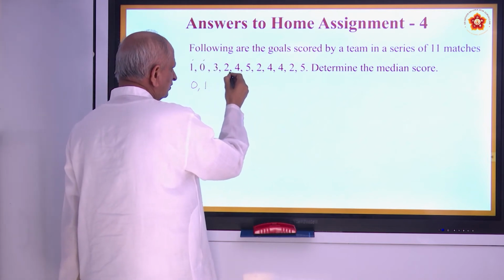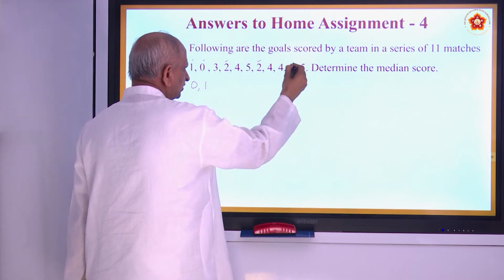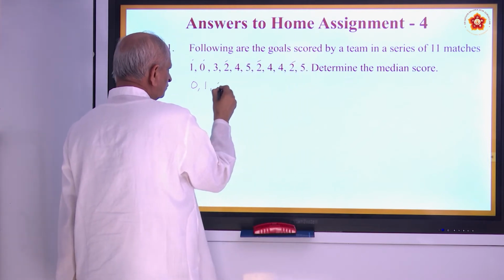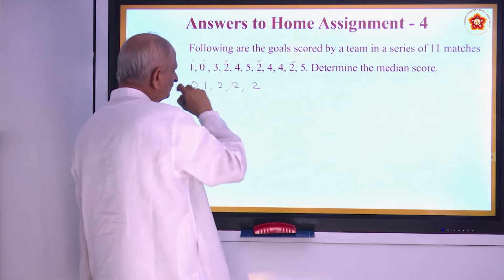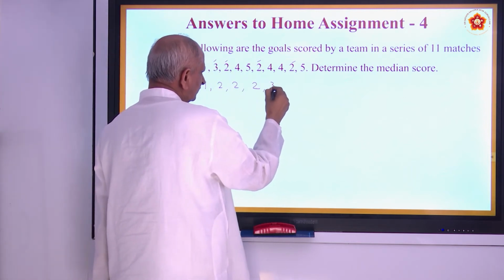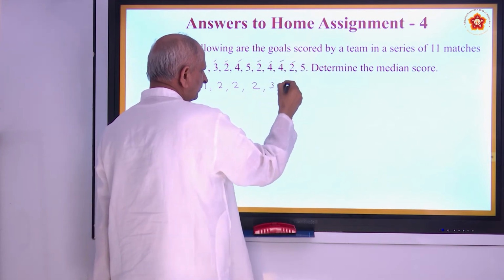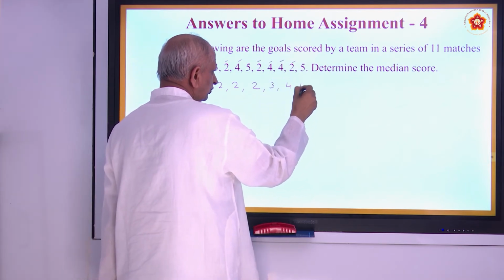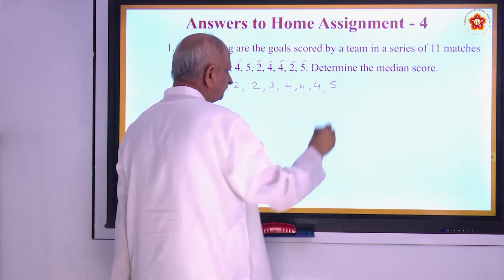Then you have how many 2's? 3 times 2. Then comes 3, only once. Then comes 4, 3 times. And what remains is 5.